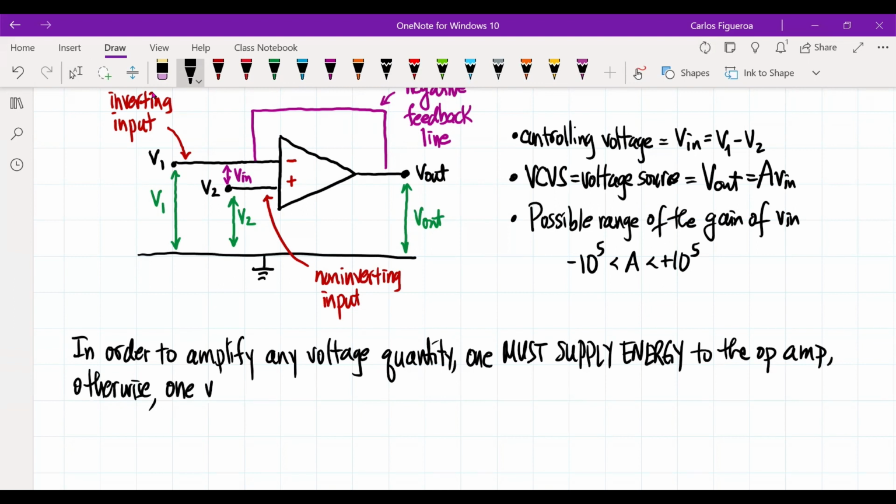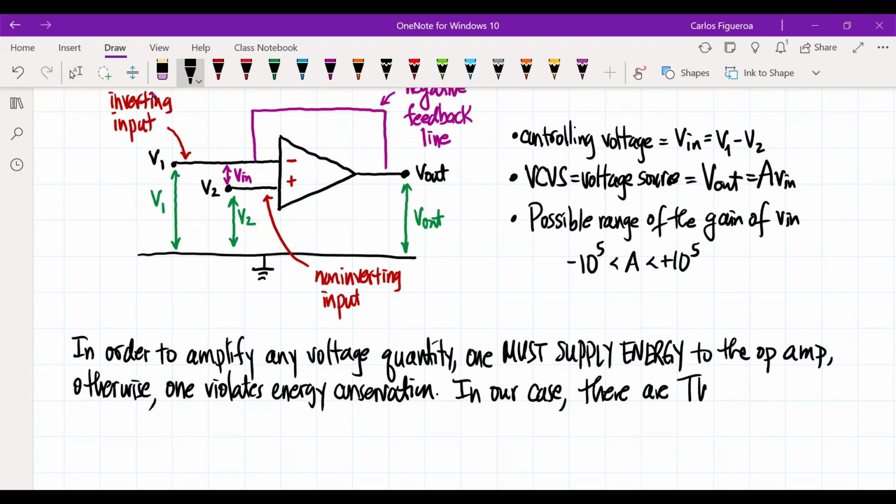So one violates that if you don't put energy into it. So in our case, there are two separate voltage source inputs.